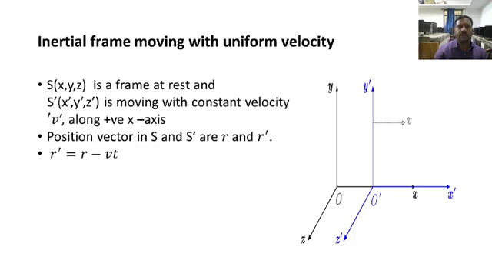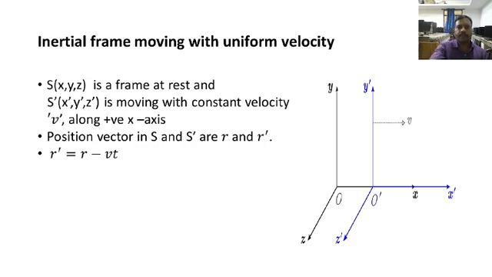The coordinates with respect to the frame which is at rest are denoted by X, Y, Z, and the coordinates with respect to the moving frame are denoted as X dash, Y dash and Z dash. It is very important to understand that the S dash frame is in continuous motion with respect to the frame OXYZ, which is at rest.